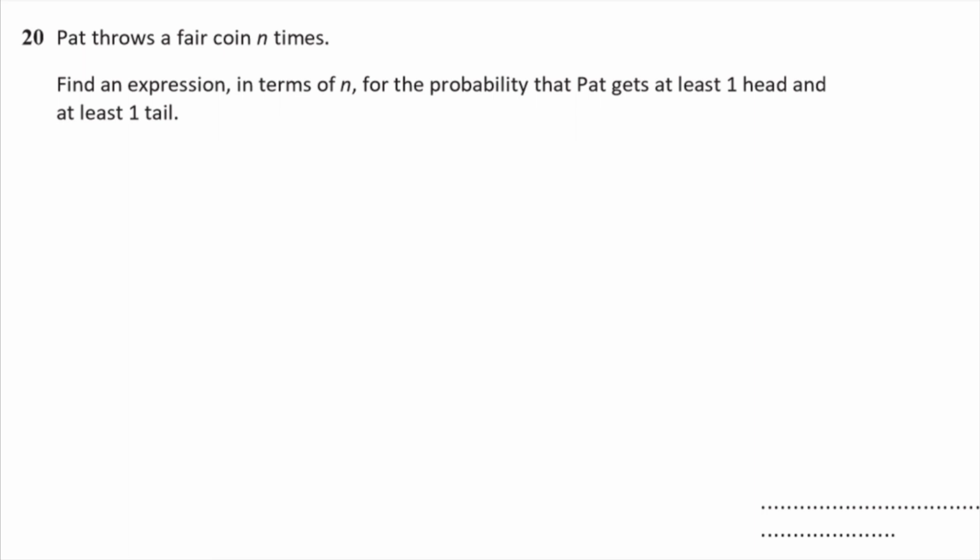So basically, the ones we don't want are to get all tails, or to get all heads. It's all the other options, isn't it? So the probability of getting at least one head and one tail is going to be all of the outcomes, 1, minus the probability of getting all heads, minus the probability of getting all tails, isn't it?